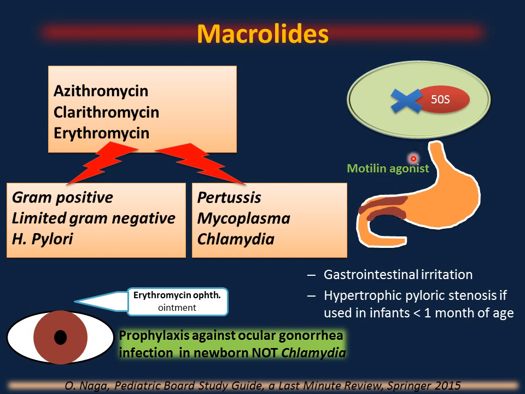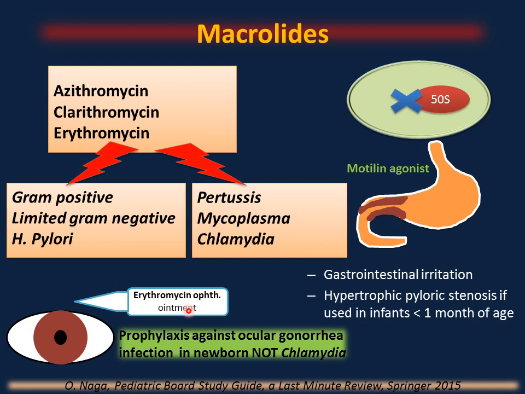Macrolides like erythromycin are motilin agonists and stimulate intestinal motility. So sometimes they are used for patients who suffer from hypomotility or gastroparesis. Also, they can cause gastrointestinal irritation like nausea, abdominal pain, vomiting, diarrhea. If they are used in infants less than 1 month, this can cause hypertrophic pyloric stenosis. Very important to know about erythromycin.